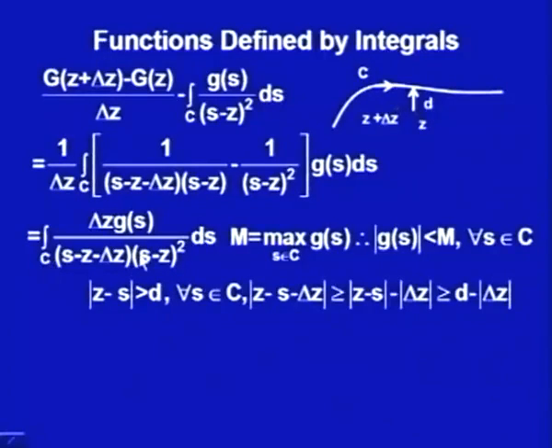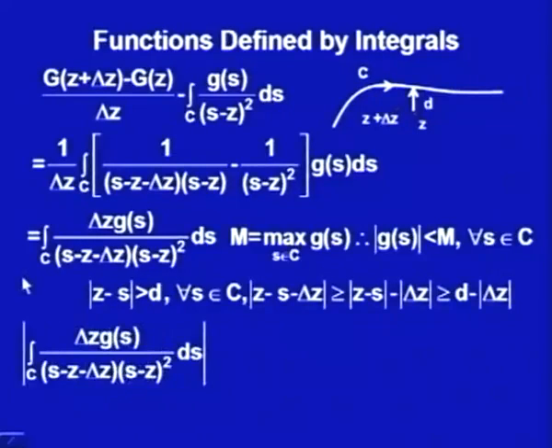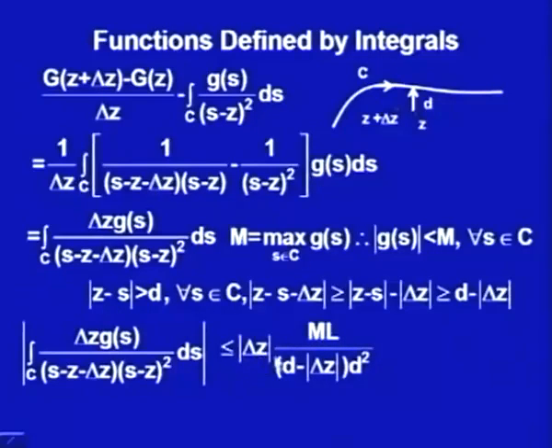Now, I will again use my ML inequality. It says that the absolute value of this integral of delta z G(s) upon (s minus z minus delta z)(s minus z) whole square ds should be less than or equal to |delta z| M L upon (d minus |delta z|) d square.